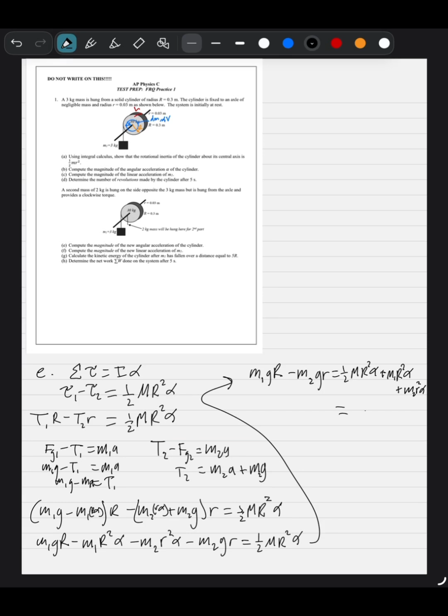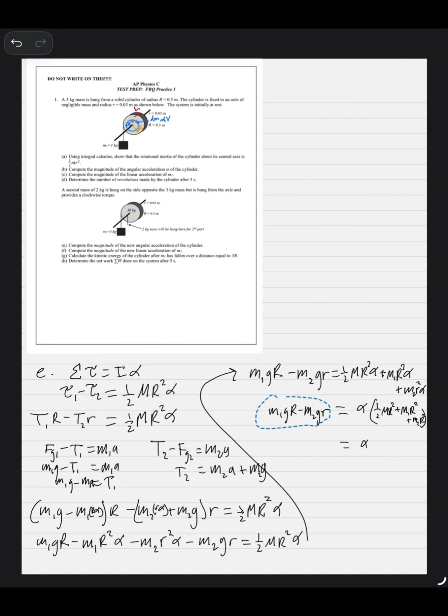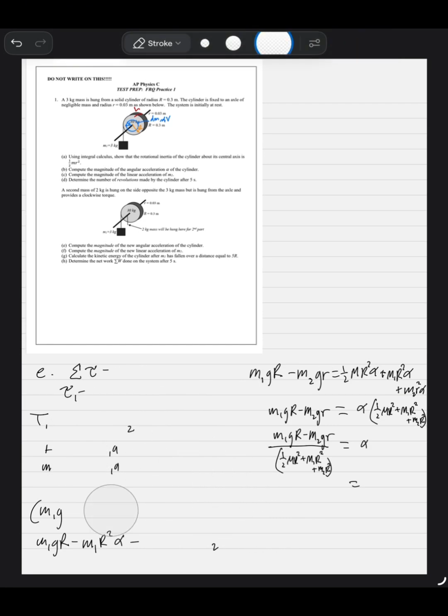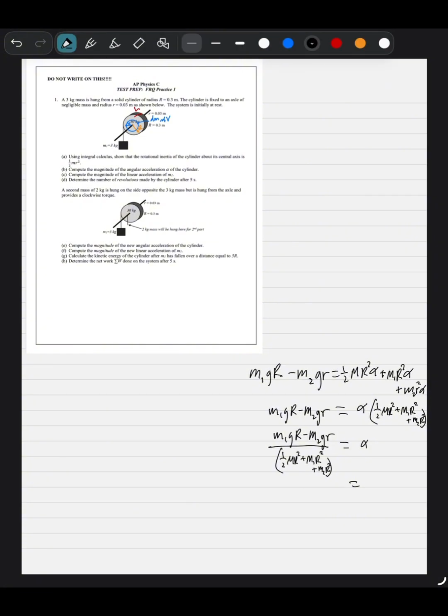And I can factor out an alpha. And I move everything to the other side to isolate alpha. And then I'll plug in the numbers.